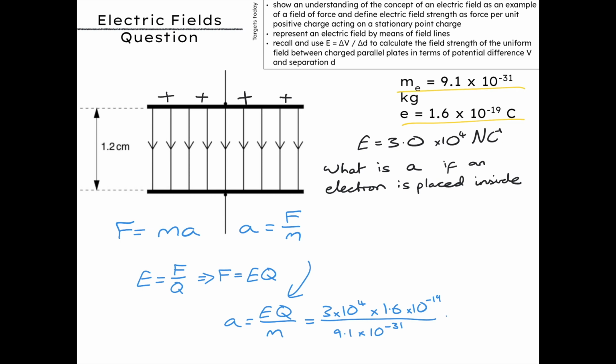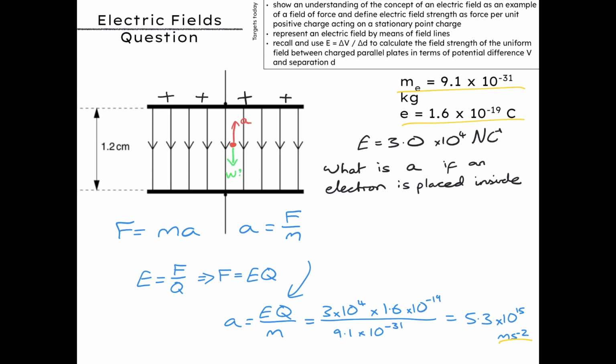Giving us a equals 5.3 times 10 to the 15 meters per second squared. Put the units on every time, remember that. Okay, that's 6 marks.